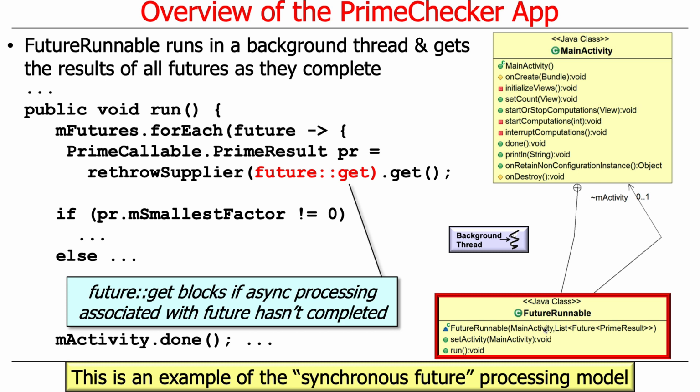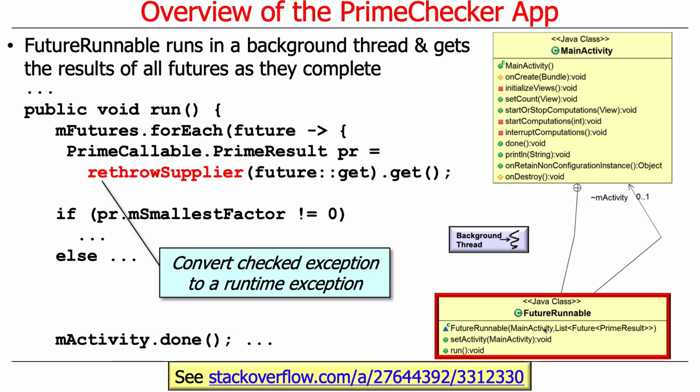And this is an example of synchronous future processing. And what that means is that this call to get will block if the async processing that's taking place in the pool hasn't finished running yet. If the asynchronous processing is done, then get will return right away. But if it hasn't finished, we're going to block. And we'll see that's one of the quirks of the synchronous future processing model.